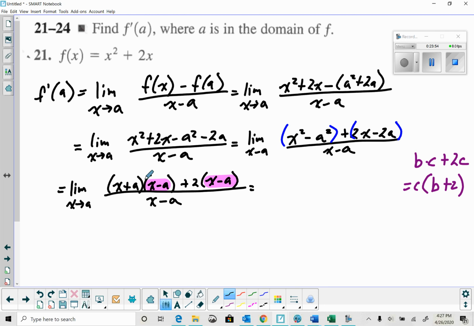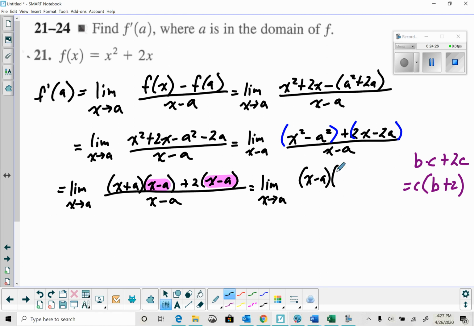From the groups up top, I have this product minus this product. I have got it down to only two terms in the numerator, each with two factors. But they have a common factor of, I'm sorry, I almost forgot, the limit as x approaches a. In my numerator, I can say that this is x minus a times, now again, what happened here with the b plus 2?